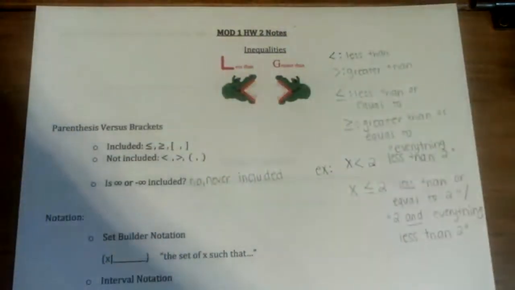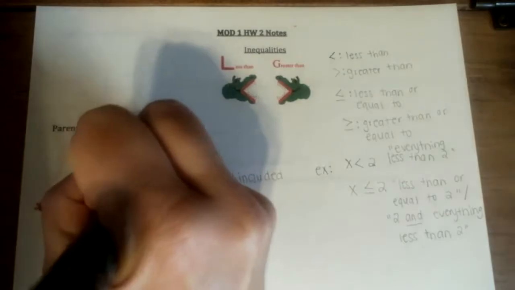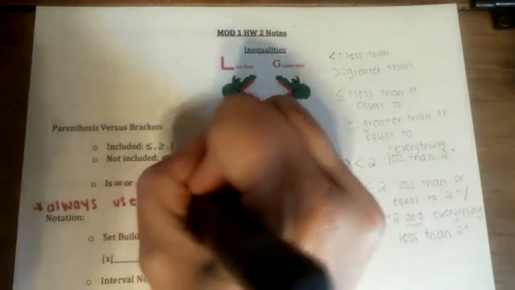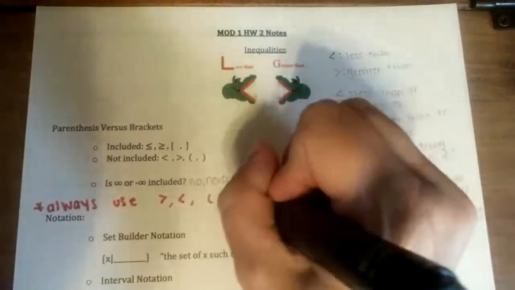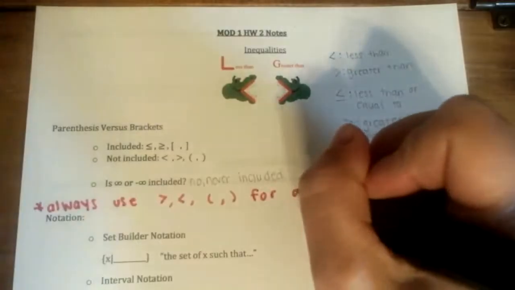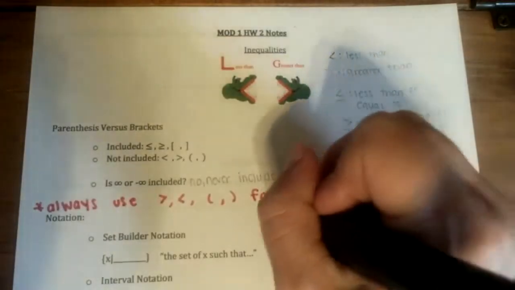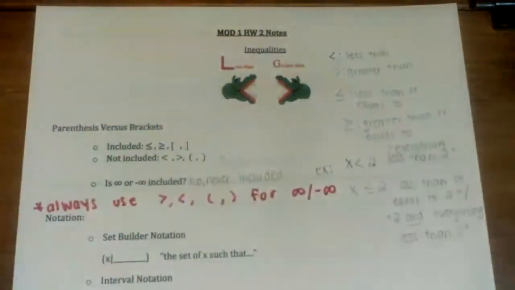Let me write that as a little note. So always use less than, greater than, parentheses for infinity and negative infinity. So always use our not included for infinity and negative infinity.